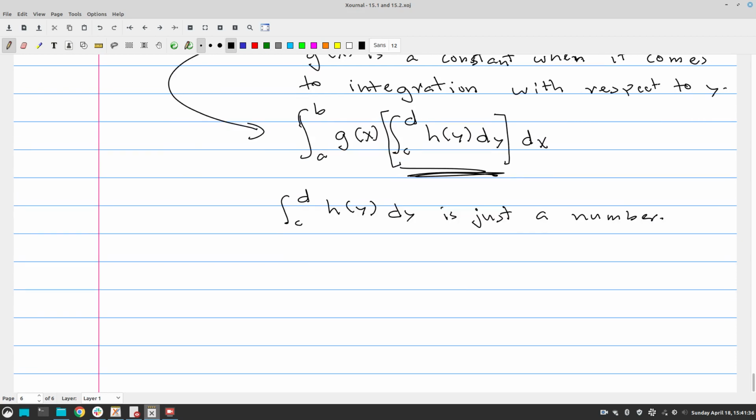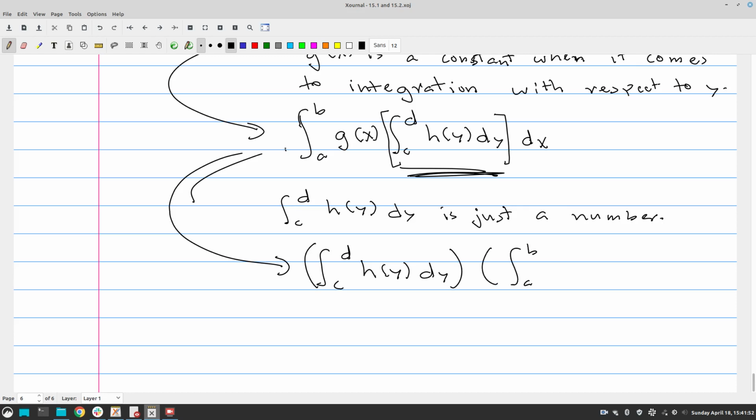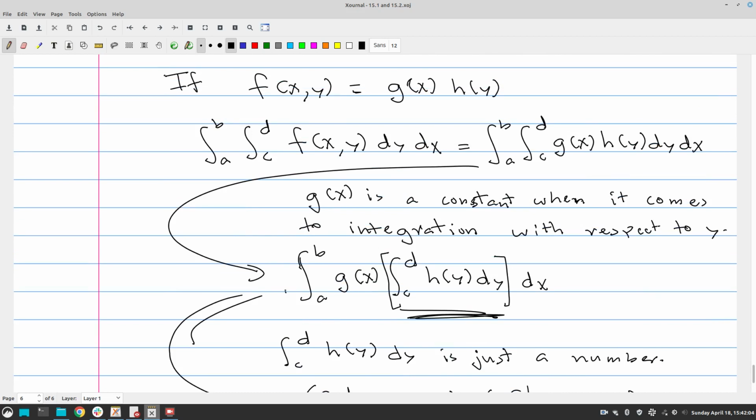So this can therefore be written as the integral from c to d of h of y dy times the integral from a to b of g of x dx. You can write this as a product of two.